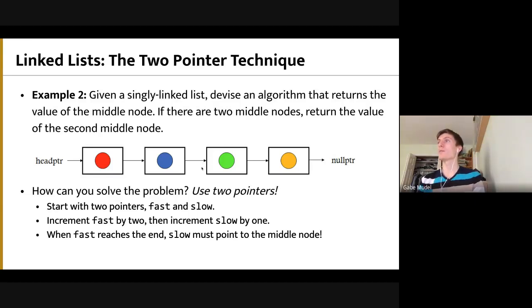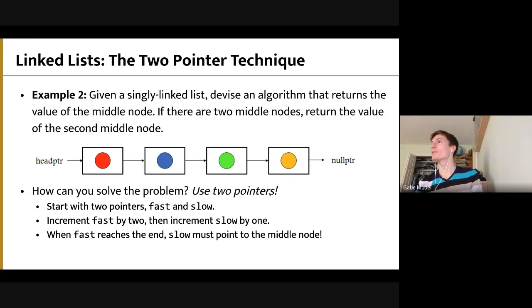We should be able to see that since it's moving exactly half as fast. If it takes n steps to get the fast node to the end, our slow node should have moved exactly n over 2 steps, right? So that puts us exactly where we want to be, at the middle node.